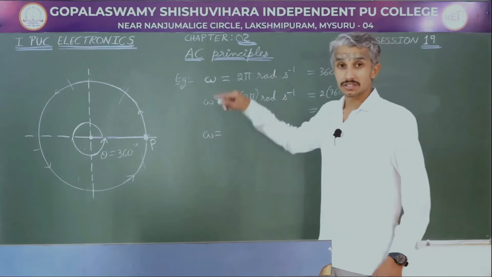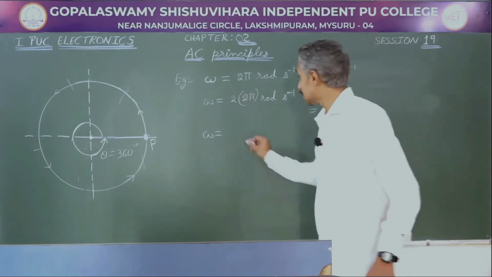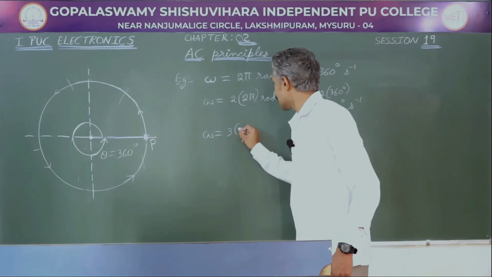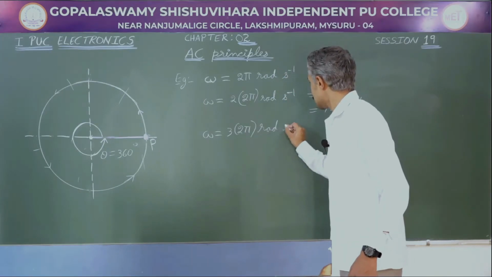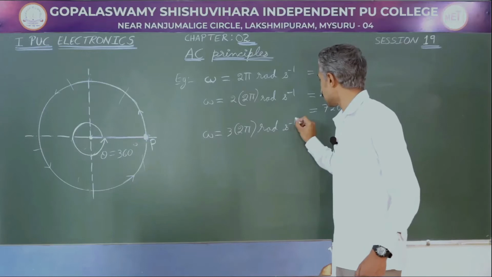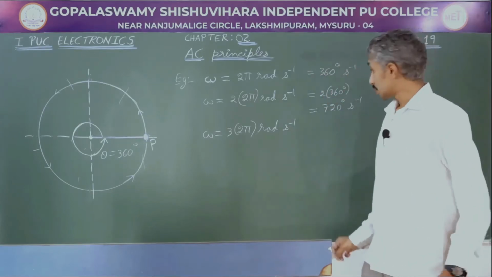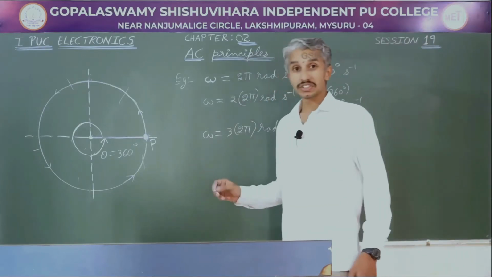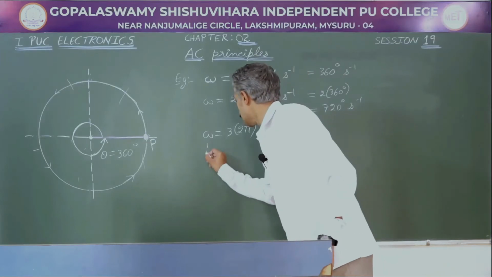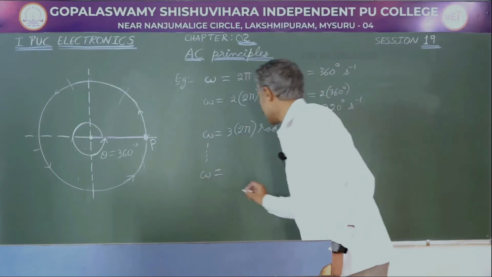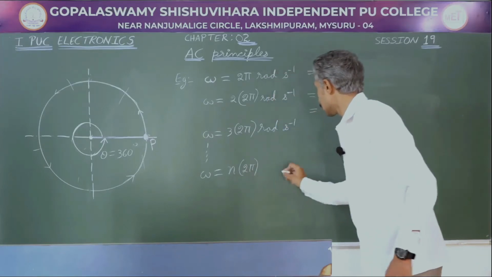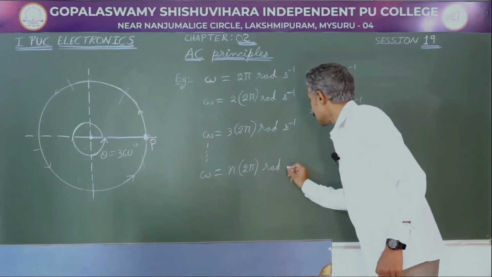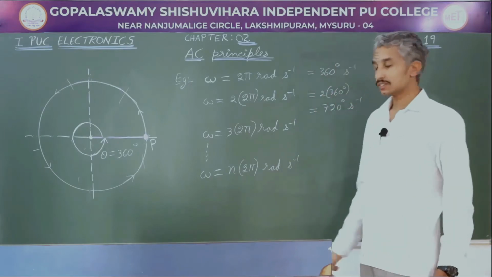Similarly, if it covers 3 cycles in 1 second, then angular speed would be 3 times 2 pi radians per second. What if it has travelled n cycles per second? Then omega would be equal to n times 2 pi radians per second.